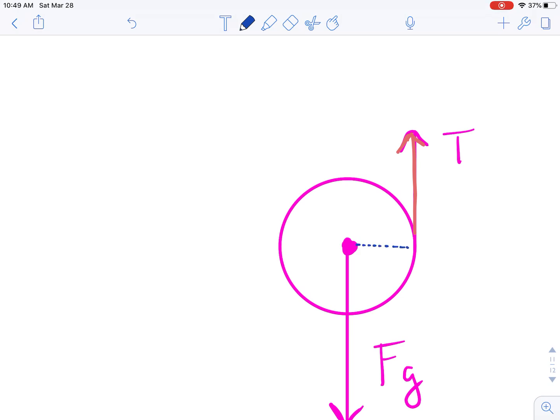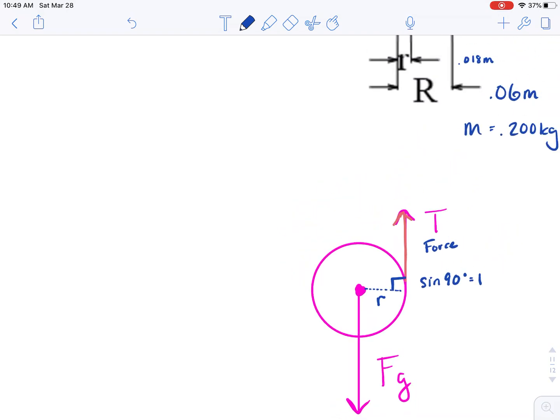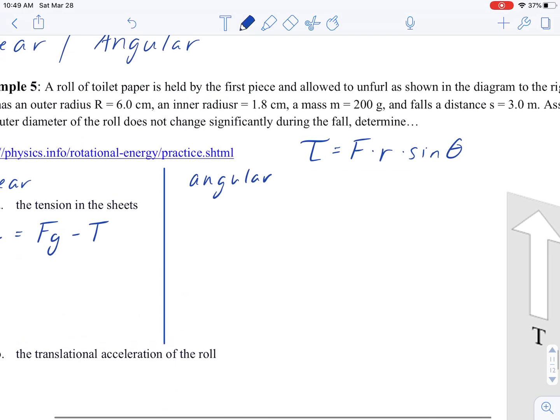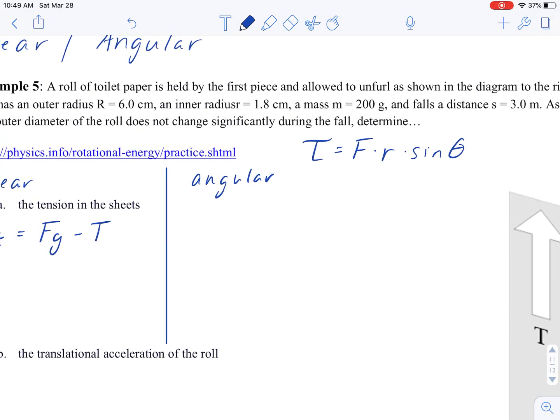If we're thinking about this T as a force, then this distance is our lever arm, and they are at right angles to each other. And the sine of 90 is 1, so I don't have to worry about that too much. So I can just basically say that torque equals Fr in this case.